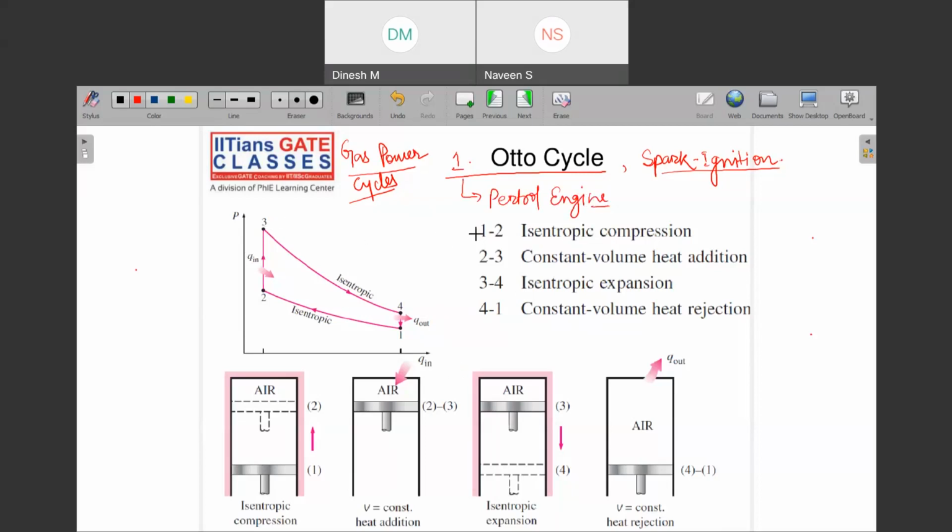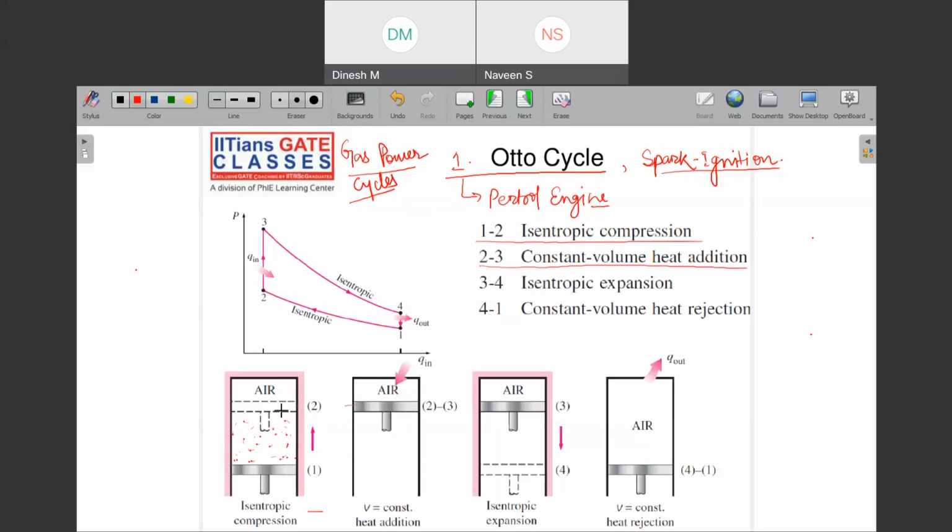This cycle has four processes. Here you can look: 1 to 2 compresses the gas isentropically. So you have some amount of gas and you are compressing it, right? Then you add some heat at constant volume. That means once you have reached 2, momentarily there will be a spark and the heat will get added while the piston remains in that position.